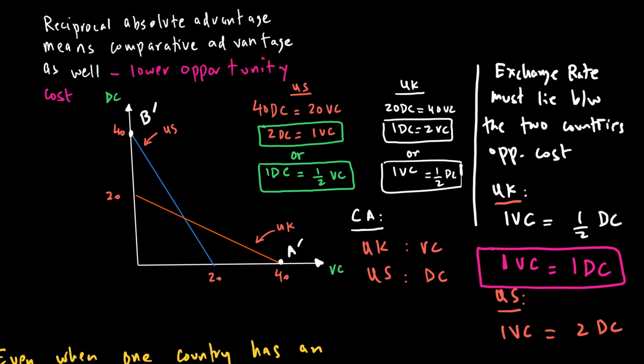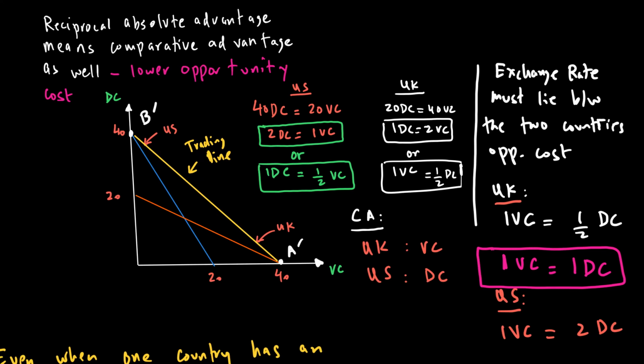So if I put this exchange rate on my graph, I get this kind of a line. This yellow line is what we call our trading line, and this is telling us both countries are going to benefit.